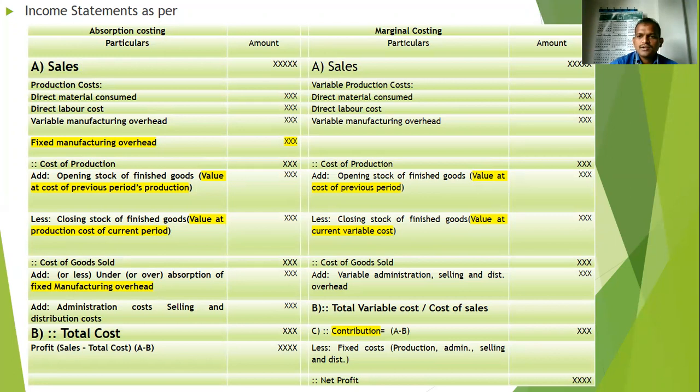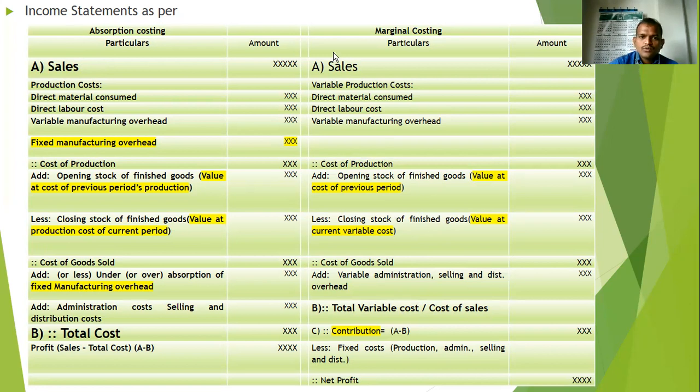So under absorption, when they incur more expenditure than expected, that is under absorption, under recovery. Here, variable administration and selling and distribution overhead.